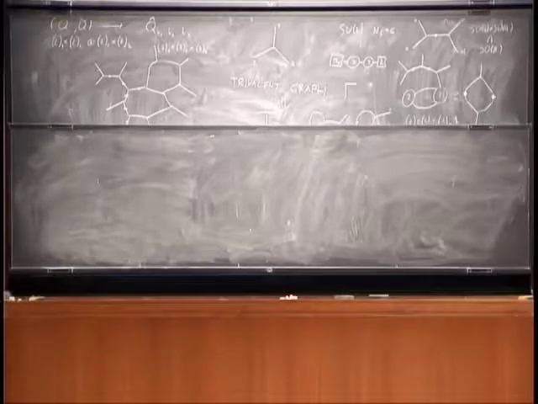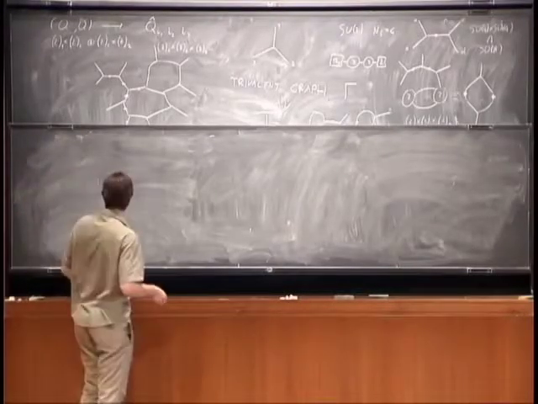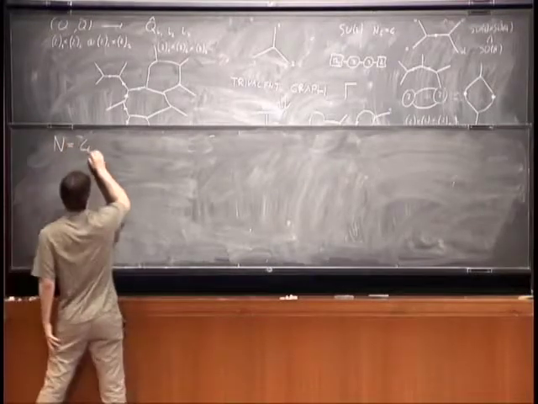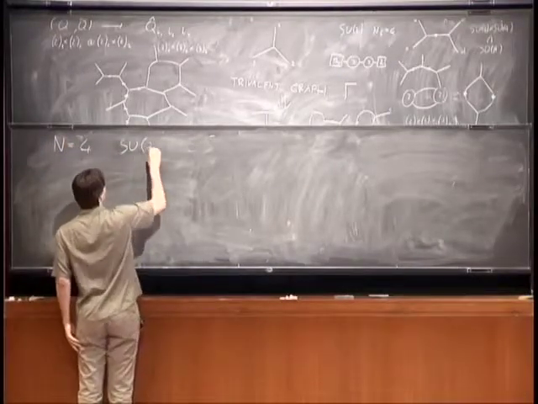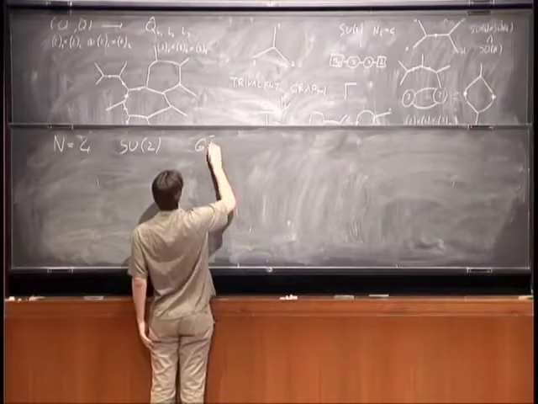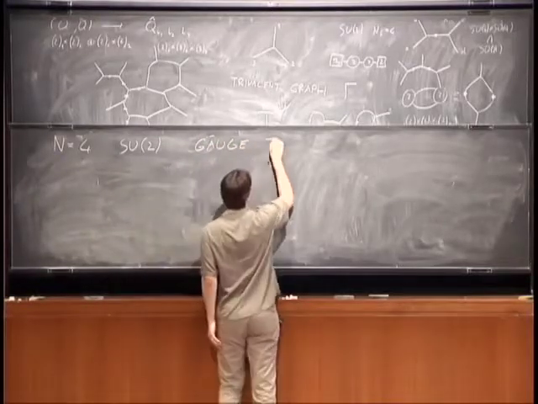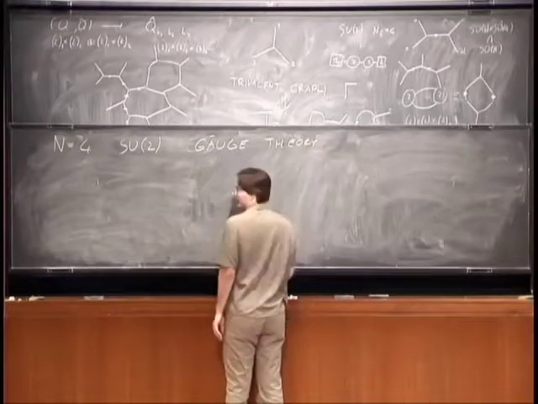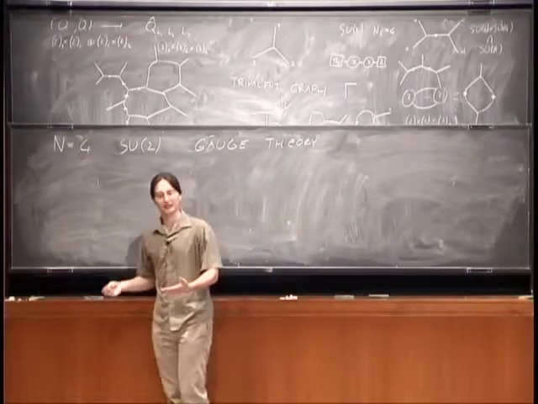Okay, so S duality, at least the beginning of S duality. So let's take, again, N=4 SU(2) gauge theory. This is really the canonical example of S duality.